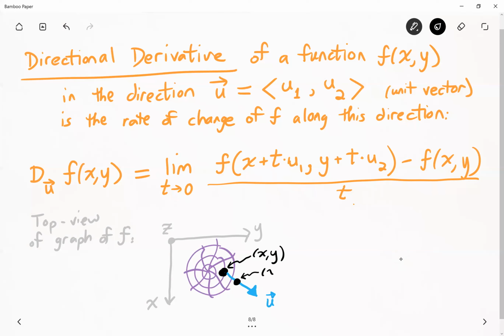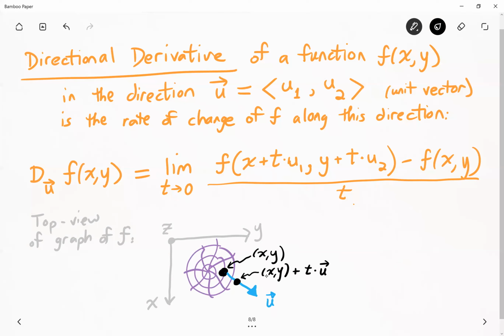Well, we're going to start at x comma y and add some small amount of the vector u. And I'll call that small amount t. T times the vector u. And as t gets closer and closer to 0, as we let t get smaller and smaller, we're adding a smaller amount to the point xy.